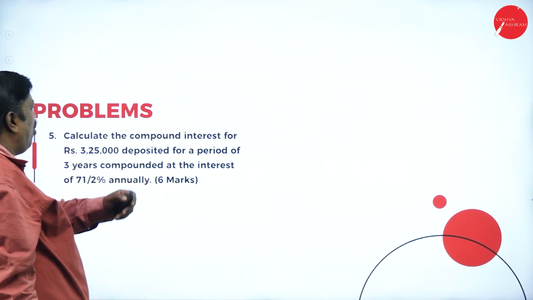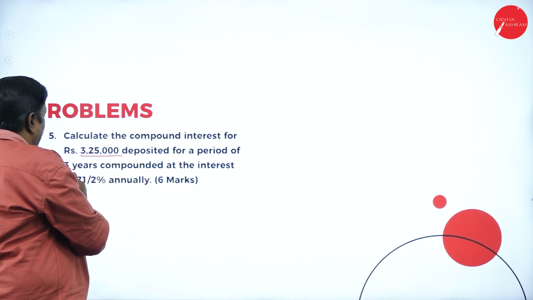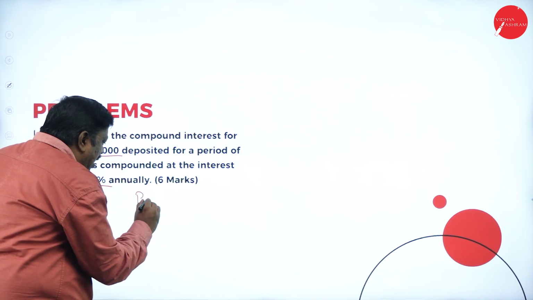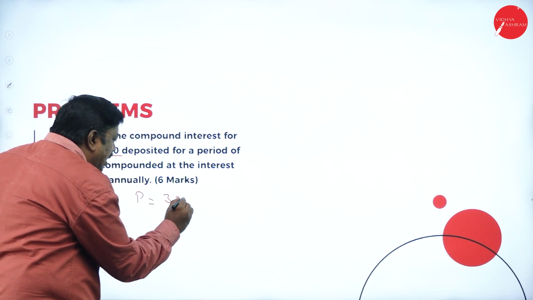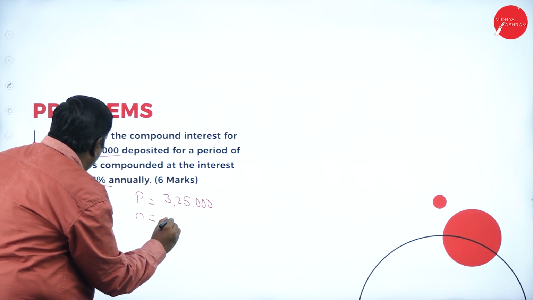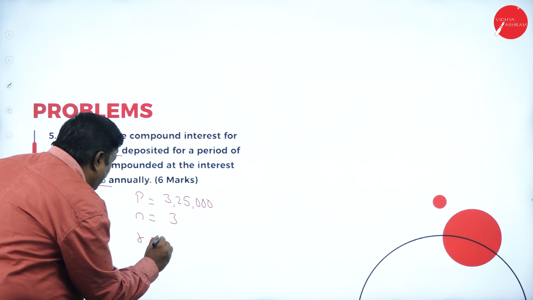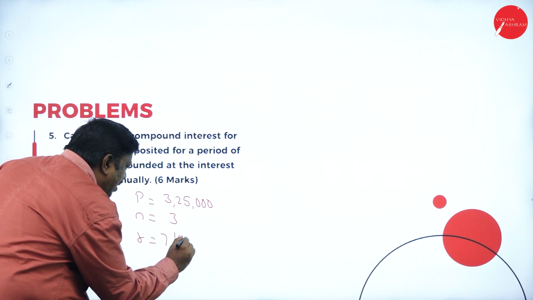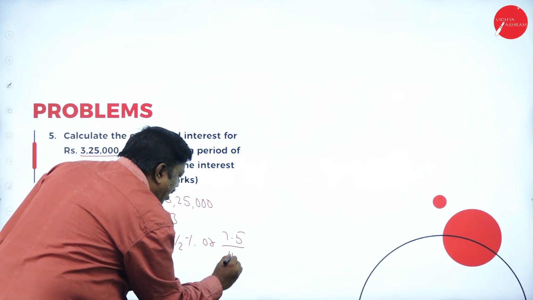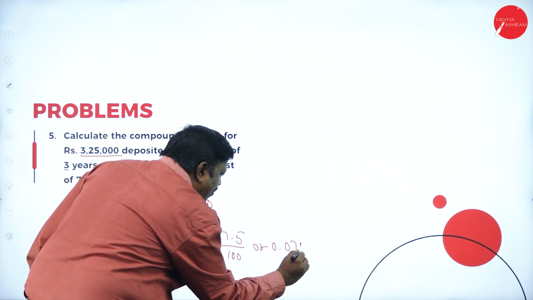And we are into the fifth problem. The amount we are depositing is 3 lakh 25,000, the period is 3 years, and the rate is 7.5%. The principal amount is 3,25,000, N equals 3 years, and R equals 7.5%, or 7.5 by 100, or 0.075.